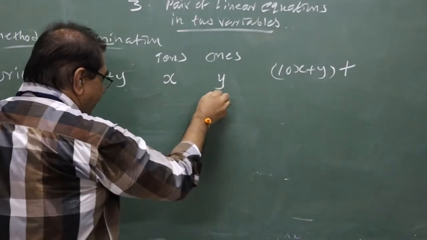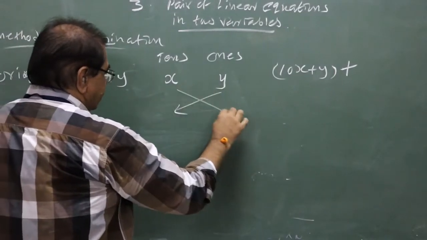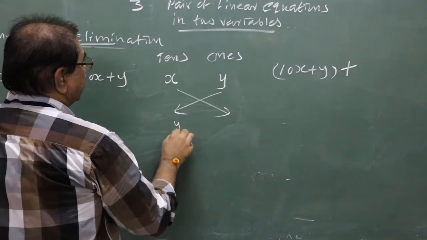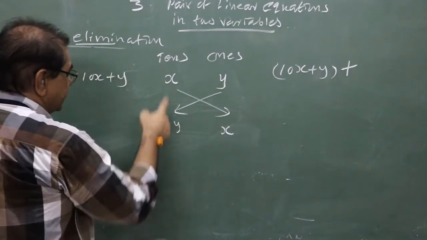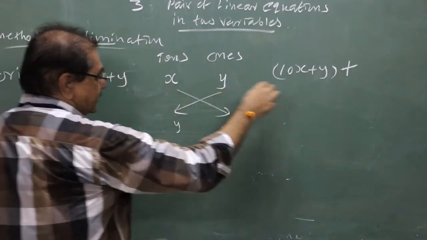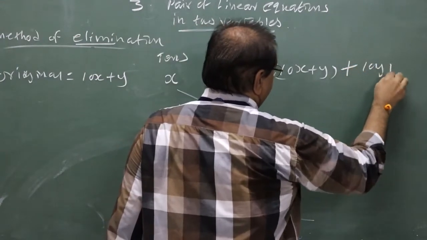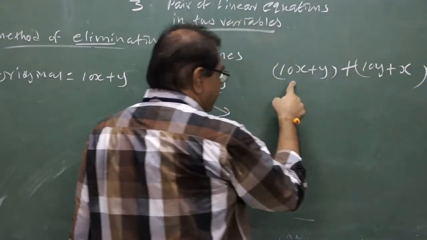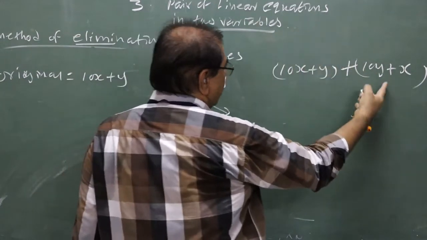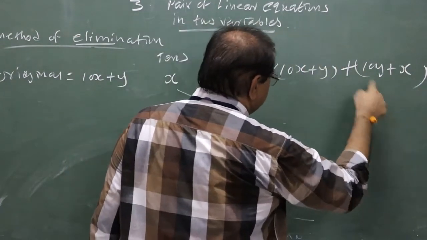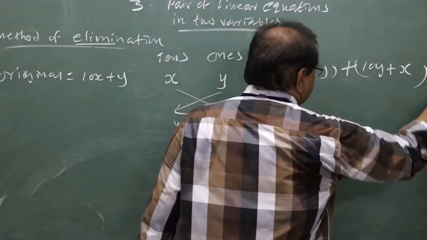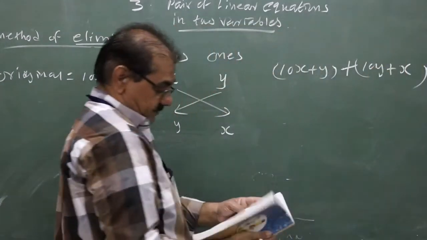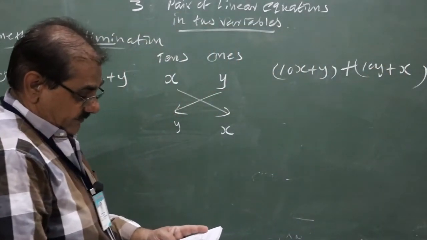Now if y is brought to the tens place and x is brought to the ones place, it is y and x here. So the number is 10y plus 1x. So a number and the number obtained by reversing the digits, the sum of them is given as 66. Okay? It is your first equation.